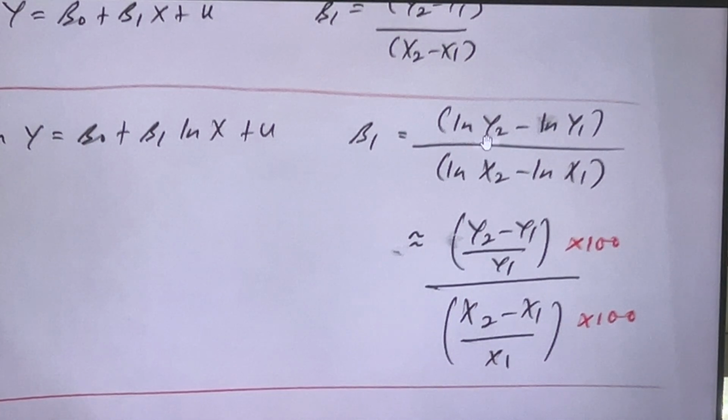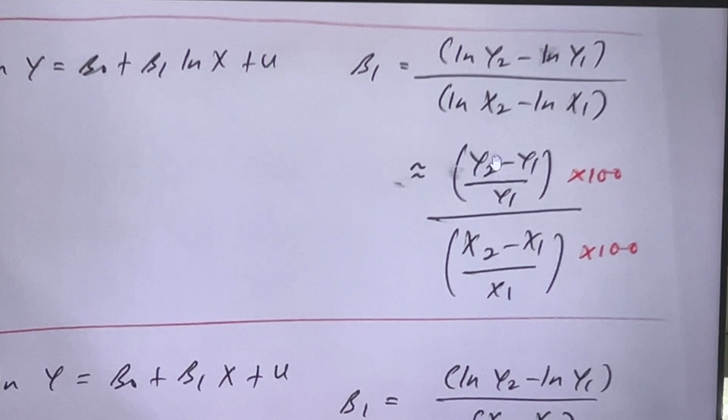The difference between the two values of log gives us relative change between the two values. So basically, this is equivalent of relative change within y per unit relative change in x. So the relative change, you multiply 100, you get percent.